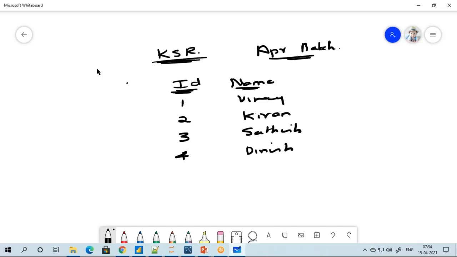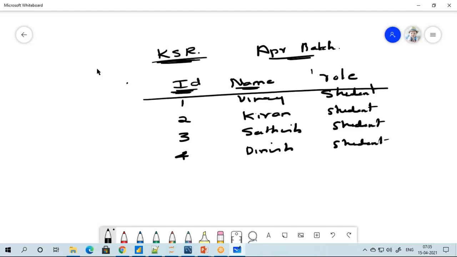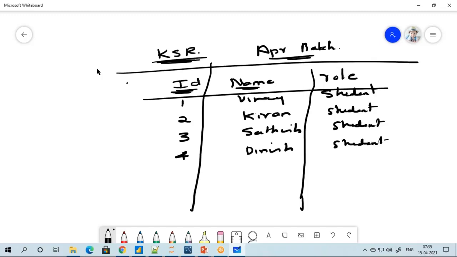Now what I will give, I will tell role. Bear with me for my handwriting. But this is a table. In KSR April batch, I have ID, name, role.